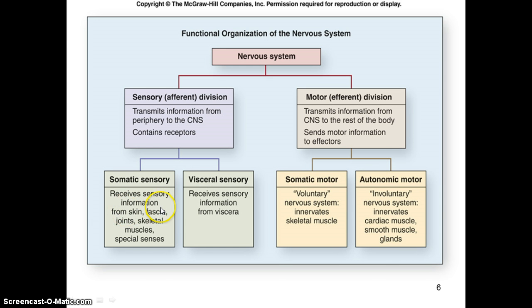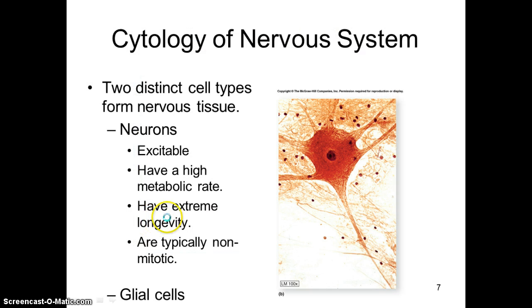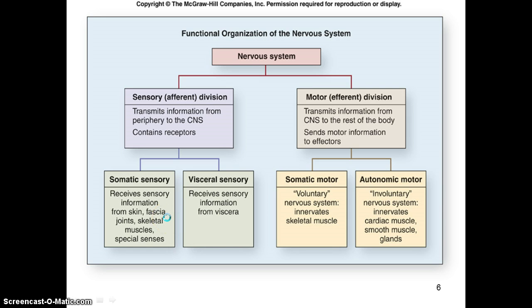Also any pain or stretch associated with the skeletal muscles, and even our special senses: hearing, vision, taste, sight. It also includes our general senses, which would be touch, temperature, pain, and pressure.